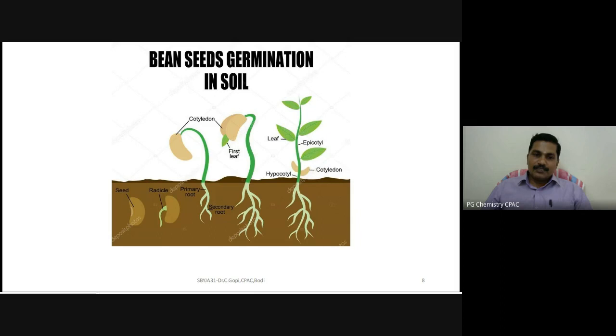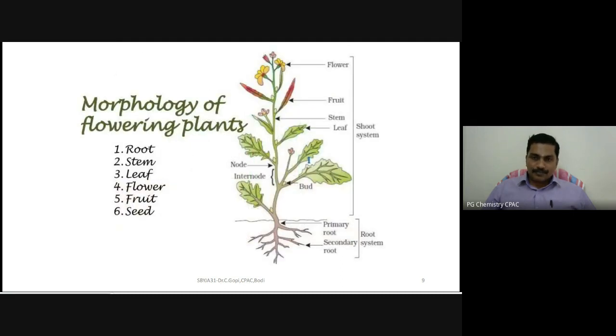The first part of the plant from the seed is the radicle, and you can find the plumule and cotyledons, and the baby plant will release from the seed. So these are some parts of the small plant: root system, hypocotyl region, cotyledon, young leaves, epicotyl, all those things. So this is the morphological character of flowering plants.